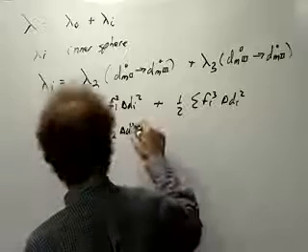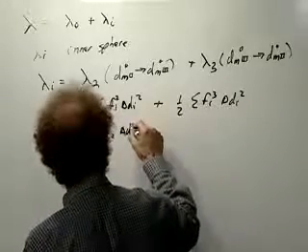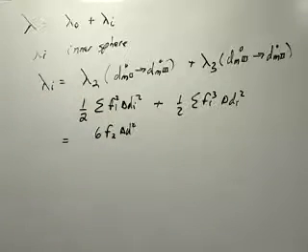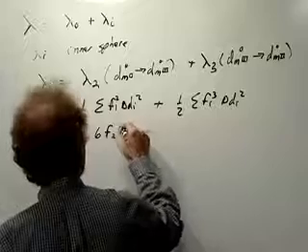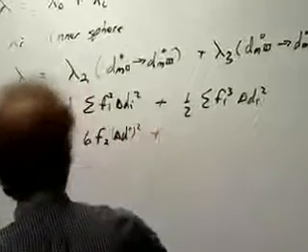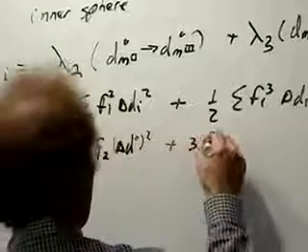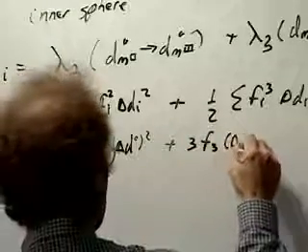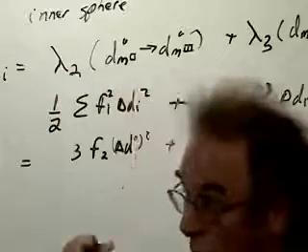It's going to be delta D0 squared plus 3 F3 delta D0 squared, where this is just the distance to go from the iron 2 to the iron 3 bond lengths.